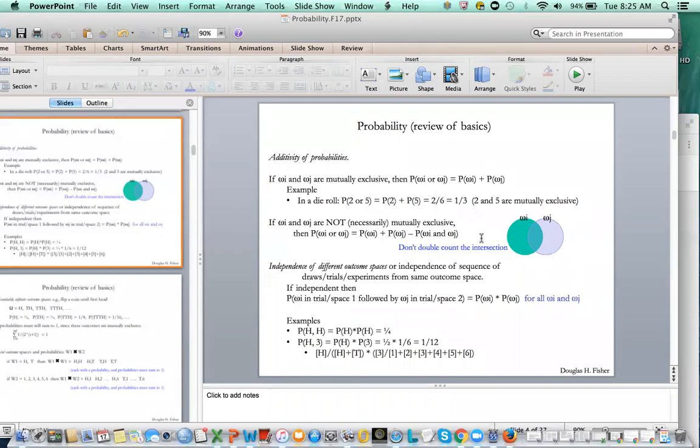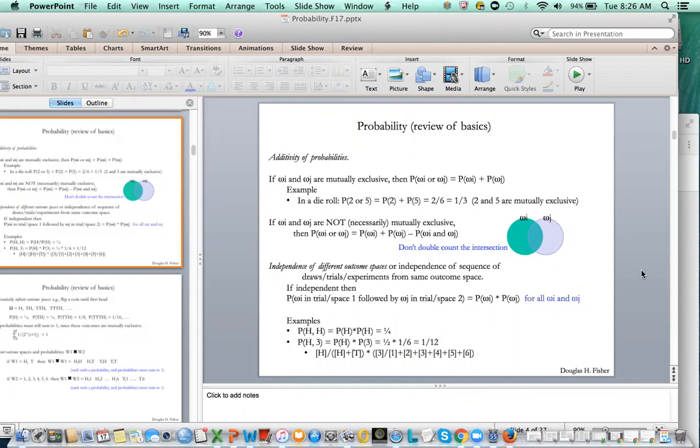You would be double counting if you simply summed the two individual probabilities. So you subtract out the joint probability, so you don't double count the intersection. And this formula is also right in the case where they are mutually exclusive, because the joint probability in that case of W sub I and W sub J is going to be 0.